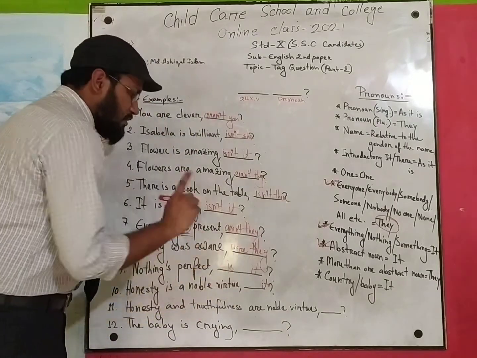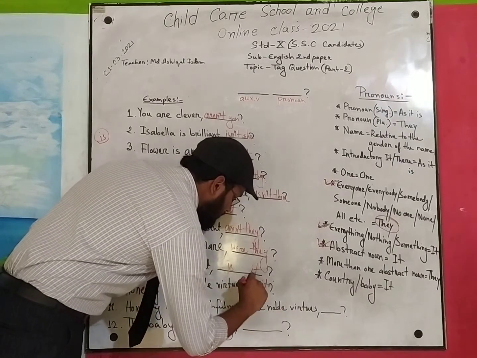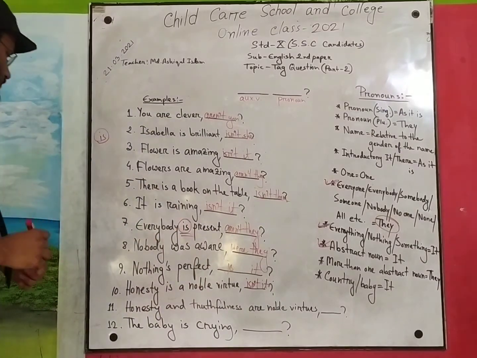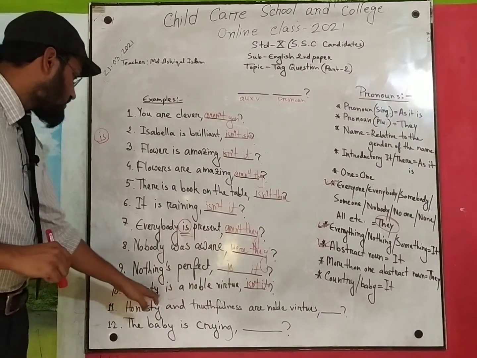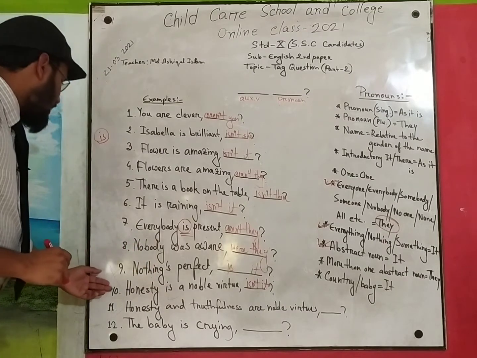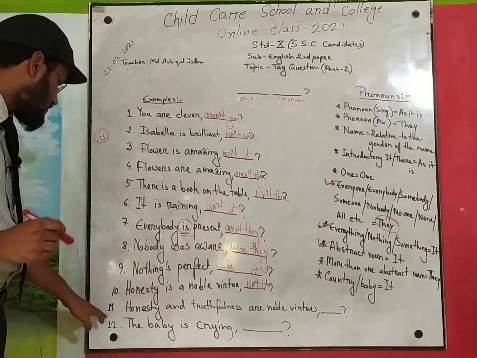And since it's a positive sensing or affirmative sentence, our tag should be negative. So honesty is a noble virtue, isn't it? That's the answer.